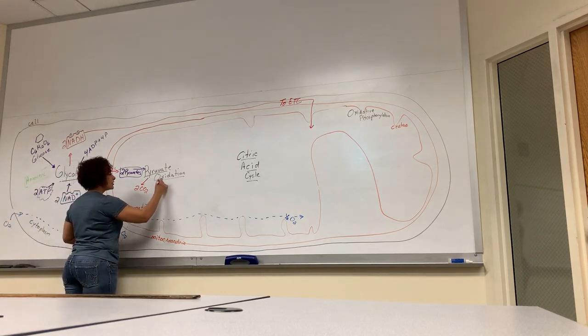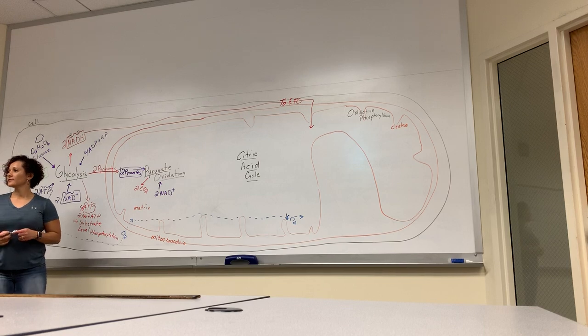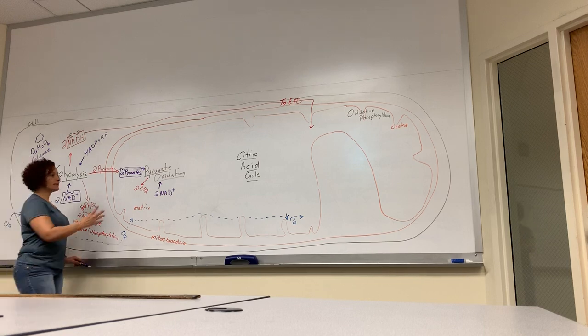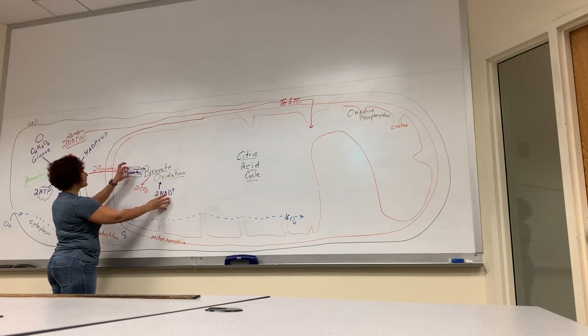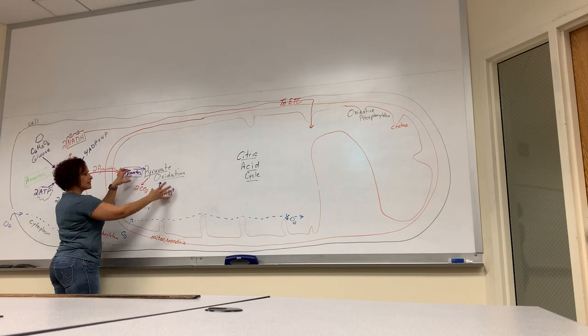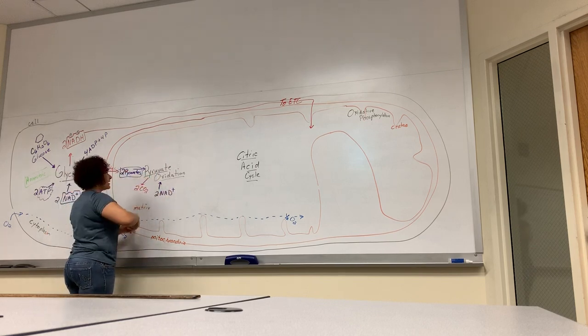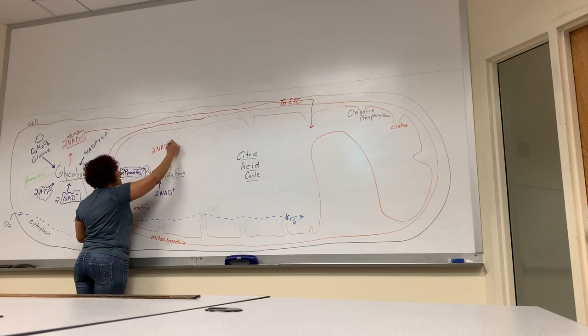Then you're going to get 2 NAD pluses coming in. Sounds vaguely familiar. Those 2 NAD pluses will remove electrons from those pyruvates. The pyruvate gets oxidized, and the NAD plus gets reduced, making 2 NADHs.